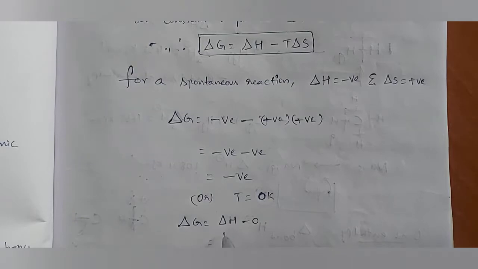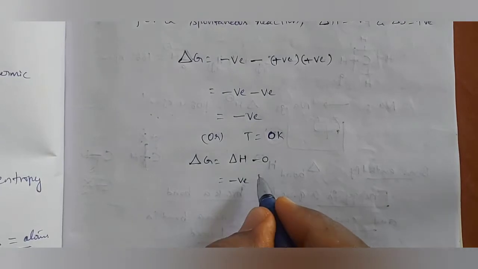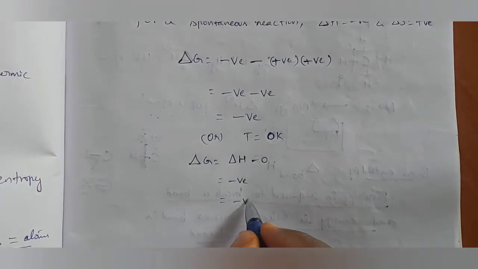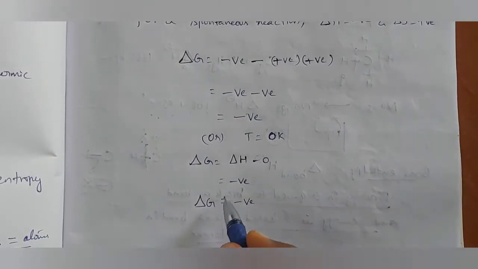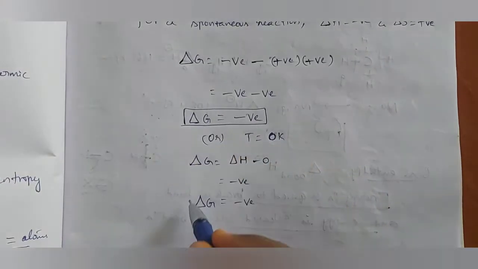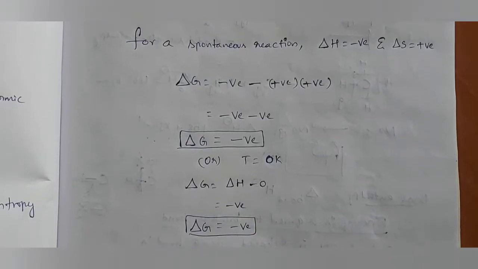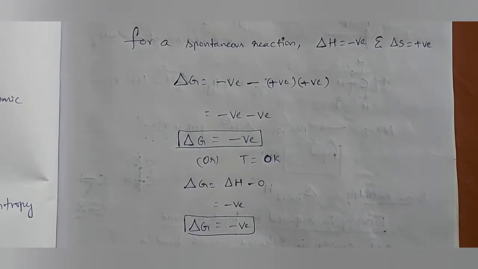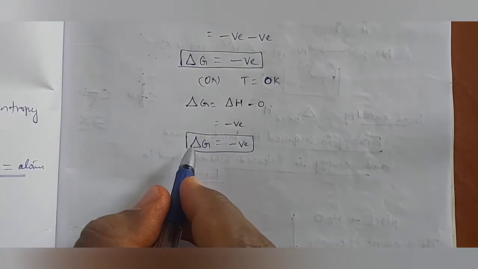Delta H for a spontaneous process is negative, so the total is negative. For a spontaneous process or reaction, delta G is negative. That's why, depending on this delta G value, we can tell whether the reaction is spontaneous or not.